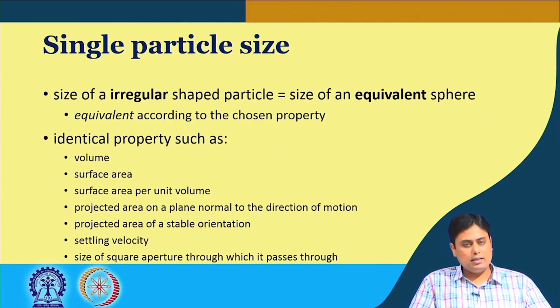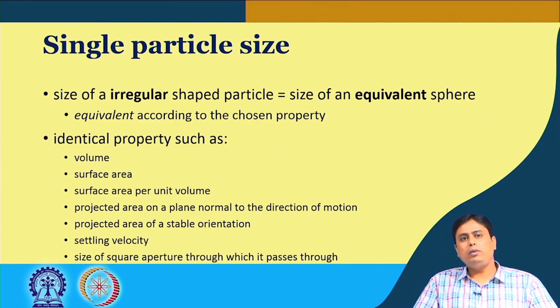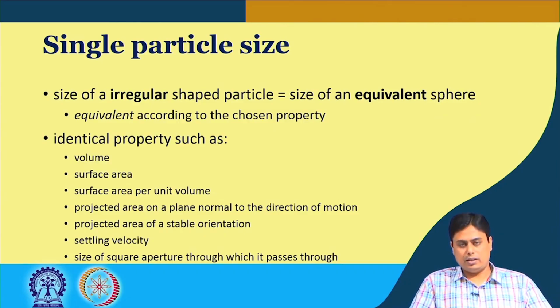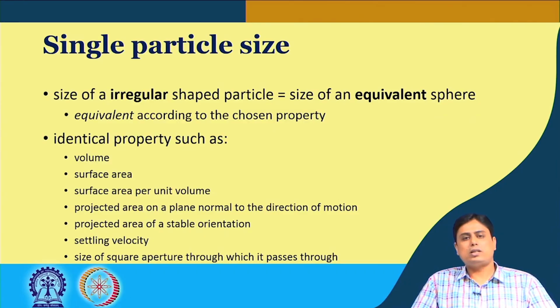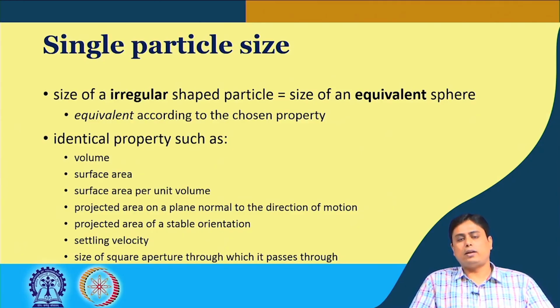So, basically all these criteria, again if you equate that with the projected area of a stable orientation of an irregular shaped particle. When you try to measure its dimension through microscopy, it would not sit on the slide or on the plane in any orientation, it will sit in its stable orientation.